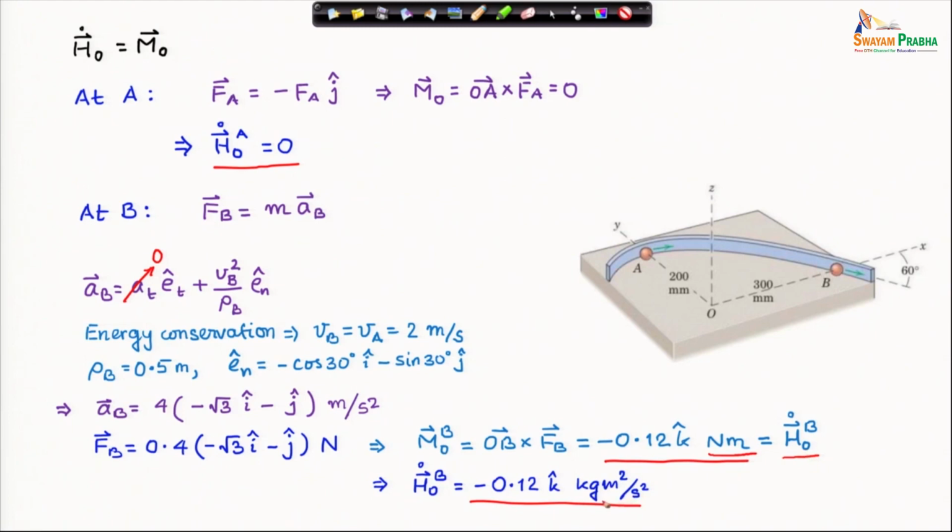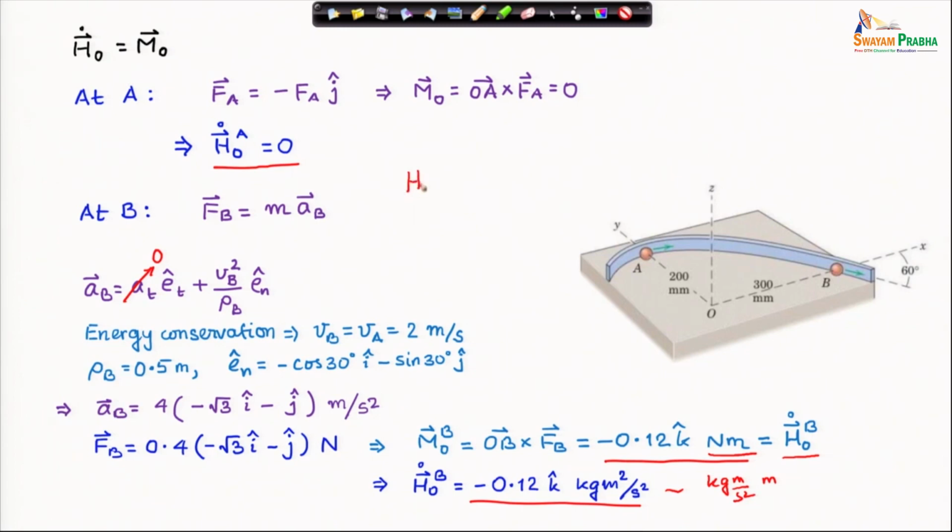Newton meter is kg meter per second square times meter, which is kg meter square per second square. Therefore, H O dot has units of kg meter square per second square.